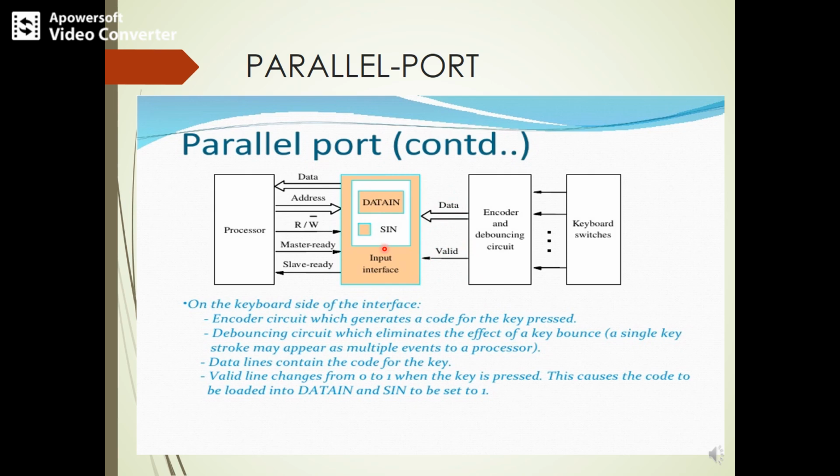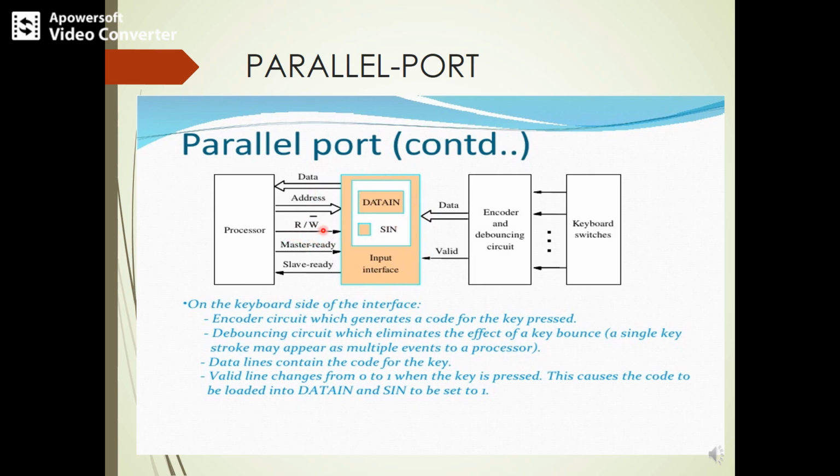followed by the flag bit SIN being set to 1. Whenever SIN is set to 1, the processor will read the information from the data in. On the processor side, it consists of the master ready signal, and the slave ready signal will be invoked by the keyboard.